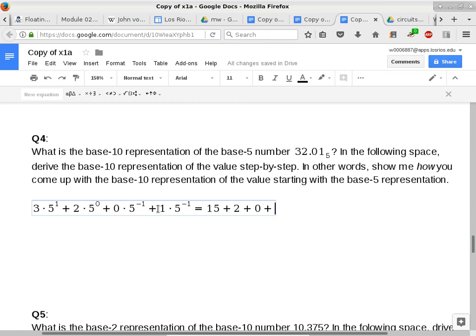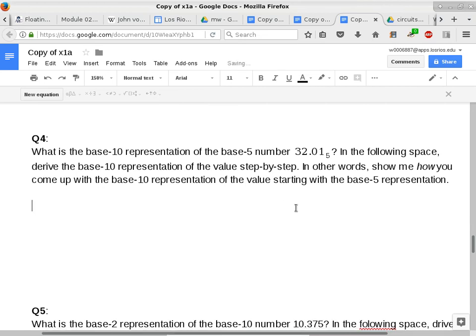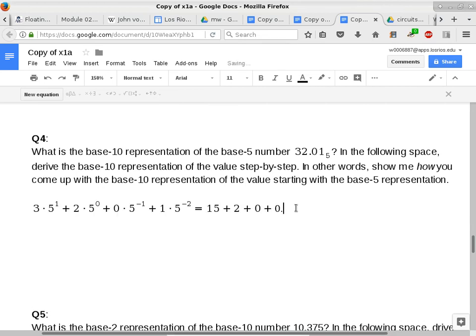And then 5 to the power of -2, okay, I wrote it incorrectly here, is 0.04. So this is just adding 0.04. There we go. After you add up all of these terms, in this particular case, we get 17.04 as a base 10 number.